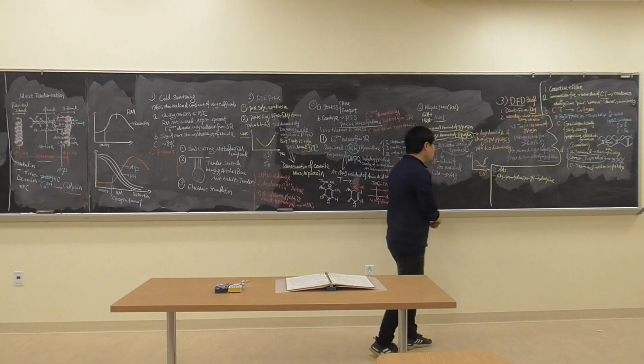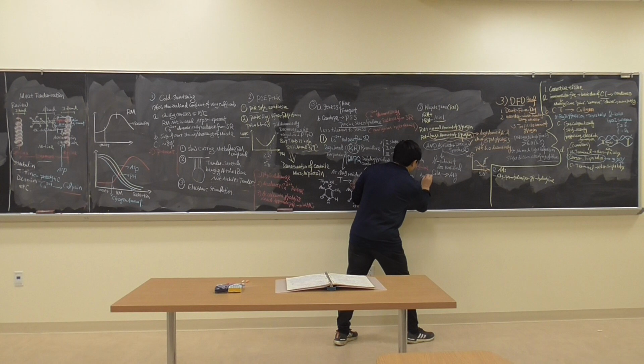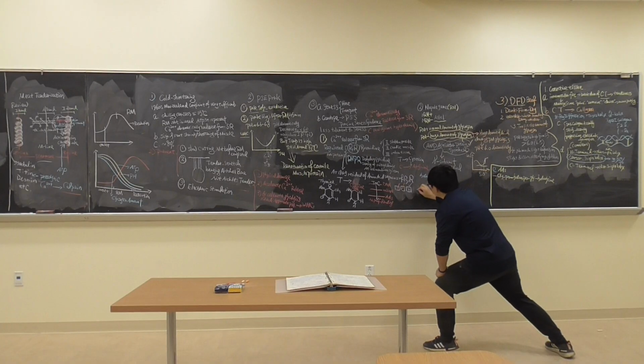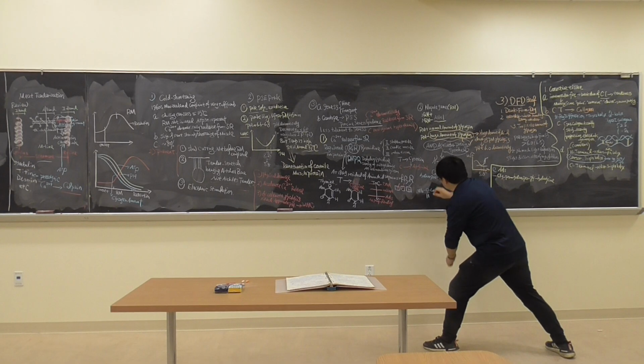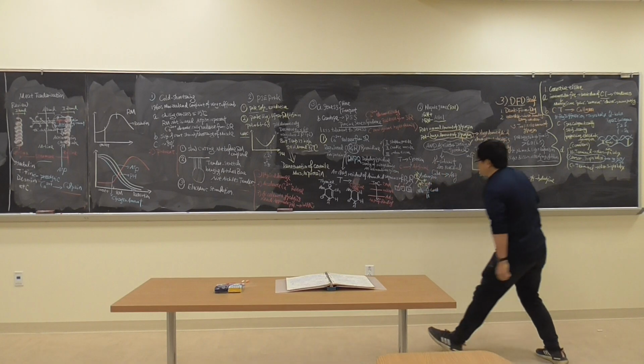So what does hydroxyproline look like? We know what proline looks like: NH2, CHCOOH. Then we have to draw the whole thing, so we draw CH2, CH2, and CH2 because it's a ring. Here they add an OH group.